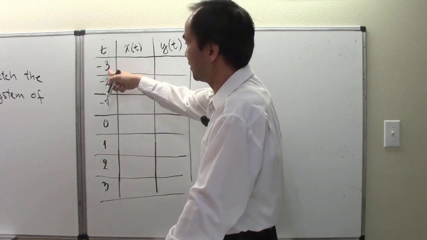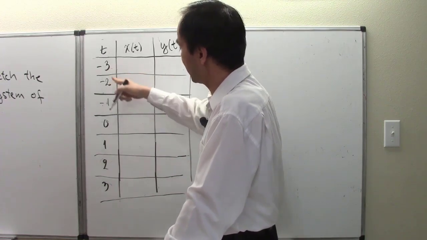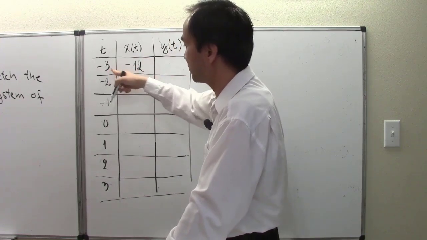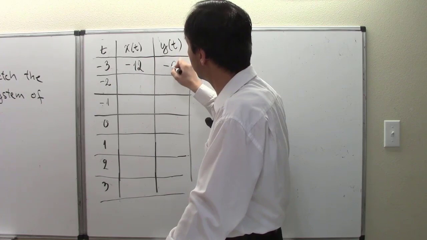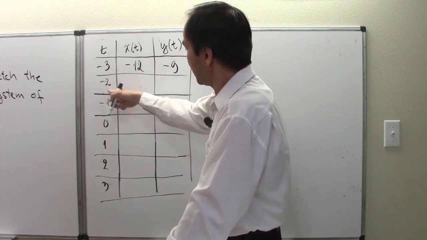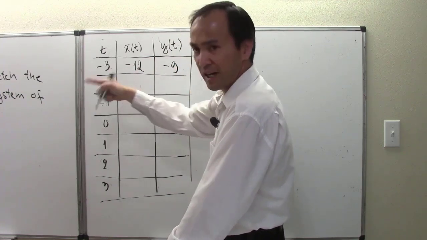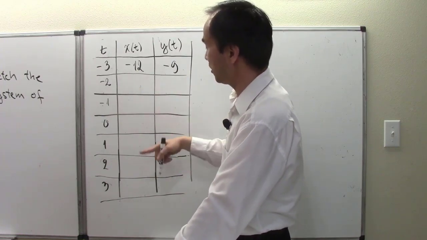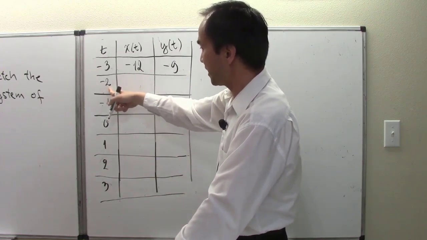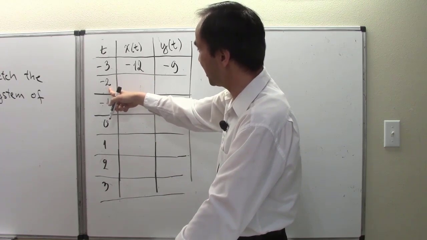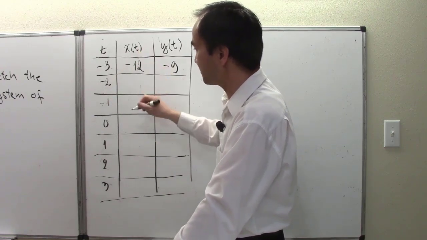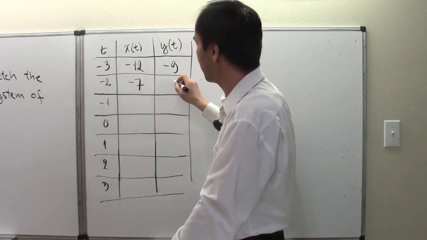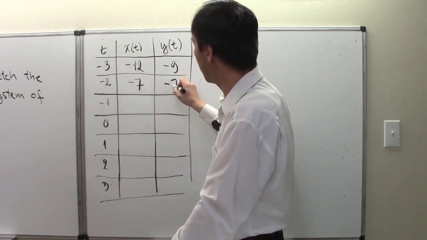So when t equals negative 3, we got negative 12 for x, and we're looking at negative 9 for y. Any one of you can do the independent work as well, to go along with this. When t equals negative 2, x will come out being negative 7, and here we have another negative 7.